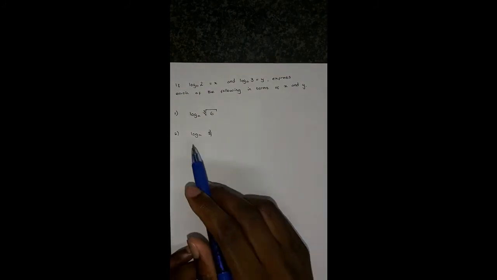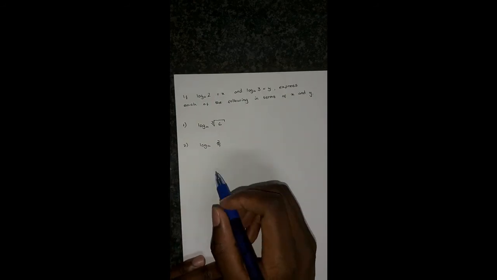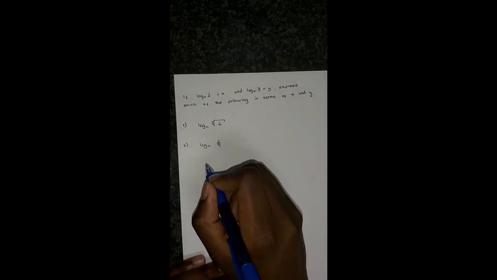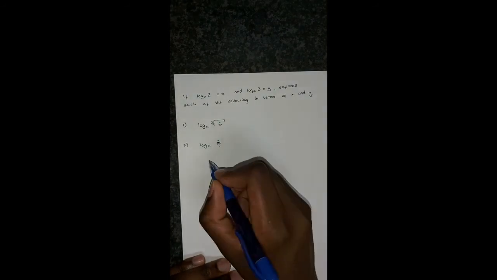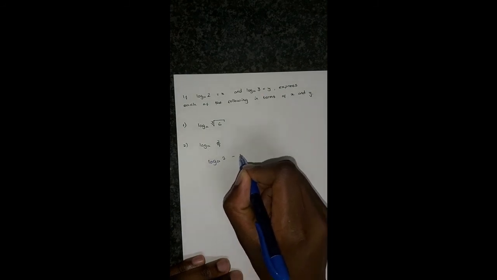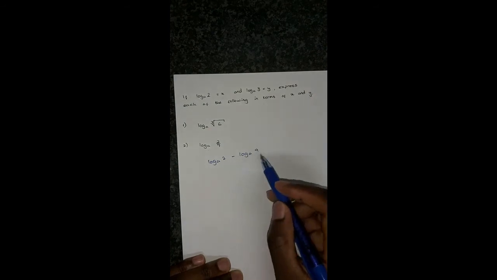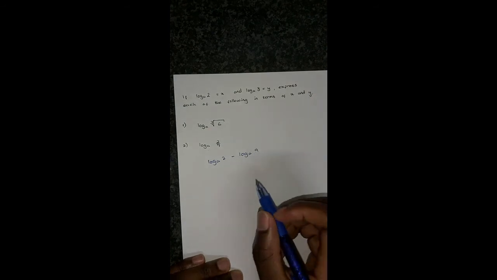Okay, and then the next one is log 2 over 9 base a. With this one, using our laws of logarithms, first of all we're going to simplify it again. So it's log a 2 minus log a 9, but 9 is 3 squared.